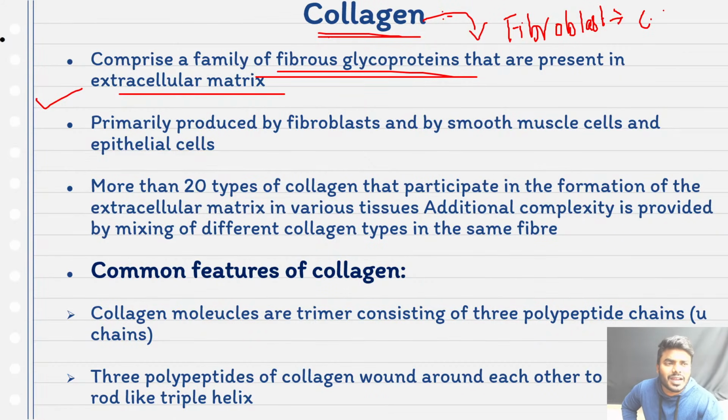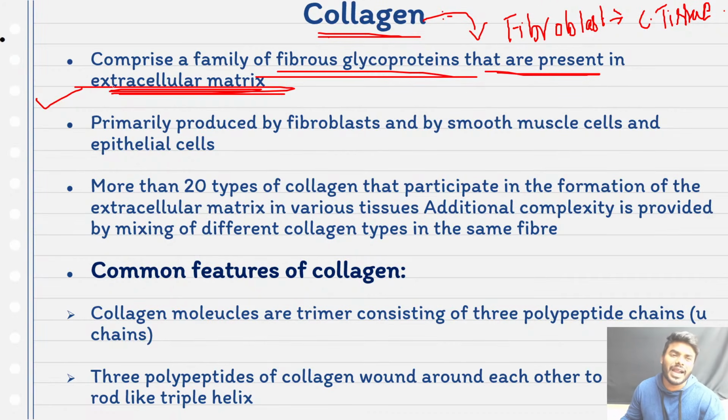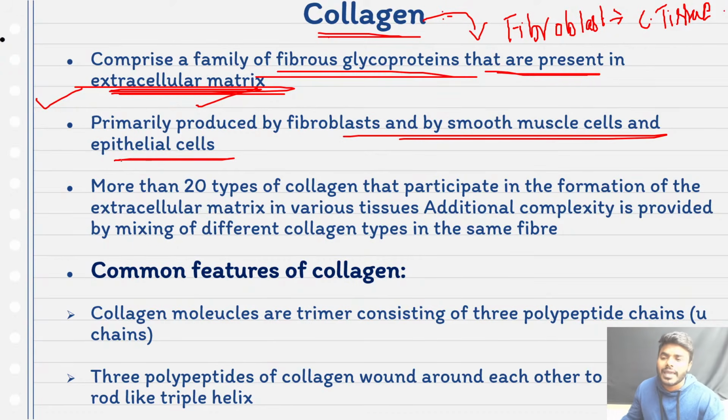It is a typical connective tissue cell. Please don't forget, okay? Collagen is majorly formed by the fibroblast and is present in the extracellular matrix. It is synthesized by the smooth muscle cells also, as well as the epithelial cells.